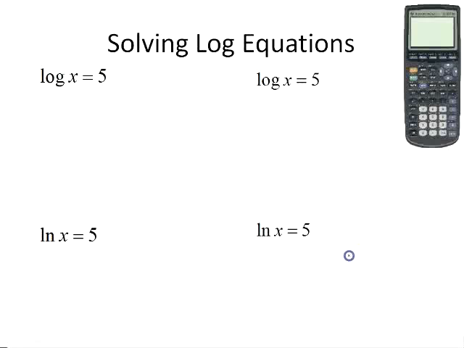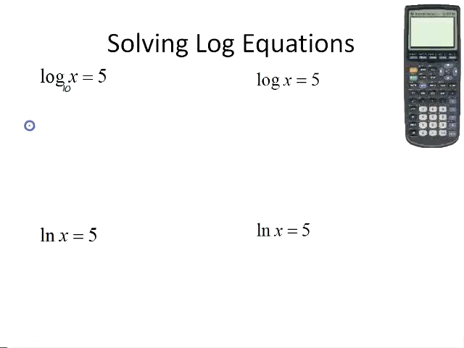One process is to exponentiate both sides of the equation. That means you take whatever is there and make it an exponent. So if we look at the first problem here, this is a regular, what we call common log, which means the base here is understood to be 10.